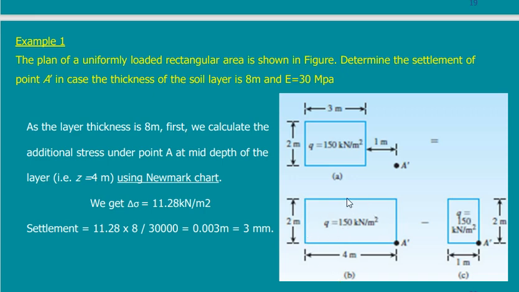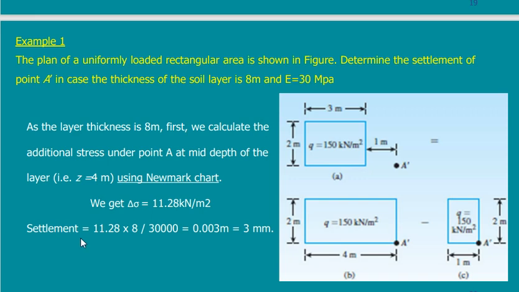If I subtract this loaded area from this loaded area, I get this one, which is exactly what I need. So I will solve the problem twice, one for this and one for this, and then subtract the values from each other to get this value.